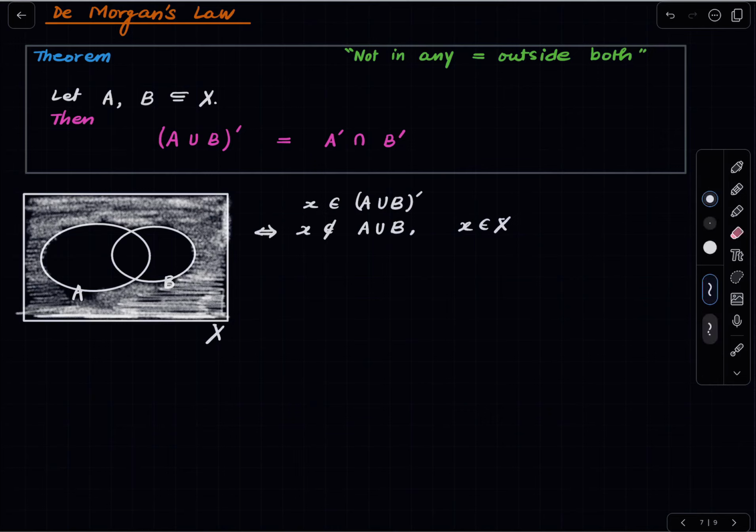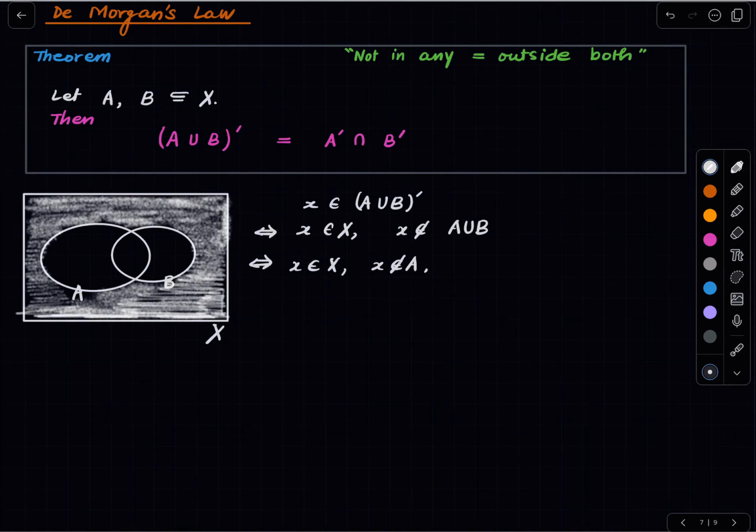Maybe I'll write the second one first. So it means x is in X, but x is not in A union B, which means x is in X and x is not in A, x is not in B. And here there is an and, of course. Comma just means and.